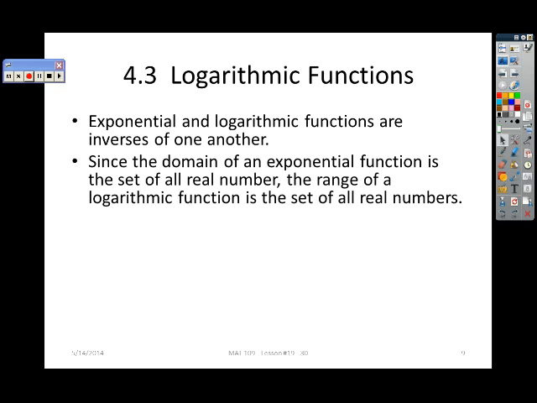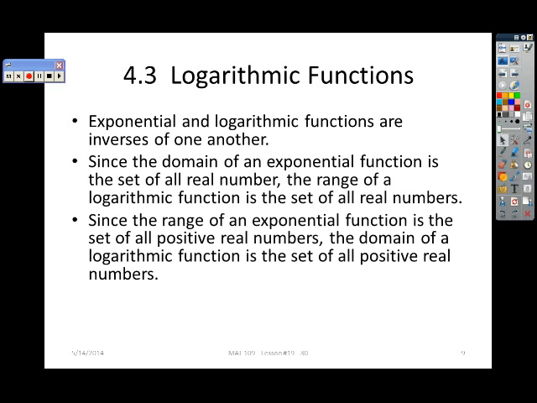And we mentioned when we were talking about inverses that the domain of the inverse is the range of the function and vice versa. So the domain of an exponential function is the set of all real numbers, therefore the range of the logarithmic function is the set of all real numbers. The range of the exponential is the positives, therefore the domain of the logarithm is the positives.